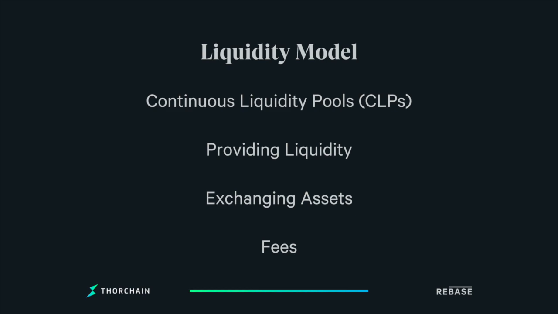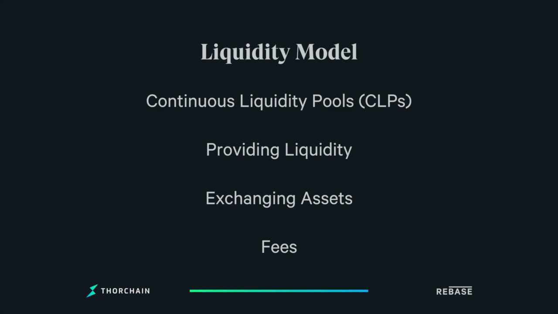Again, there's a special formula used for calculating the asset exchange. That's something we will cover in more detail later on in our coverage of THORChain, but for now you can take a look at it in the white paper notes we've got here on the Rebase website or in the white paper itself.